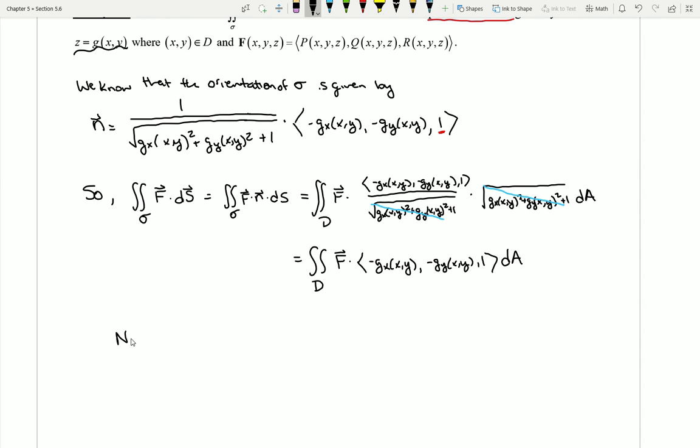So notice that if I had a function, let's call it capital G, and it was equal to z minus, oops, not F, but z minus g of x comma y, then the gradient of G is exactly equal to what we have listed up above.